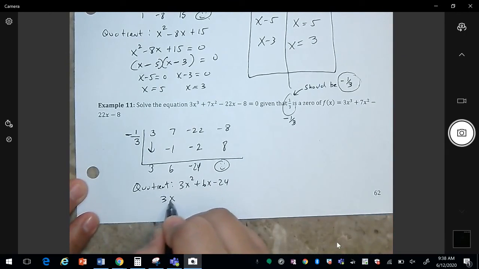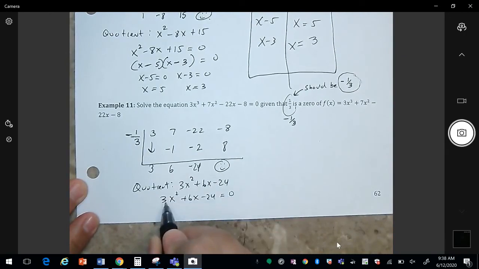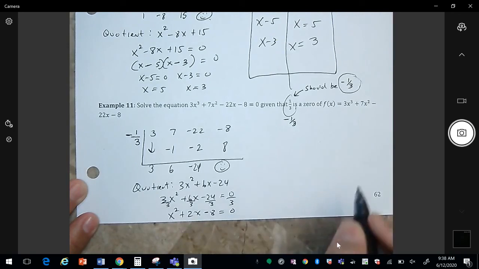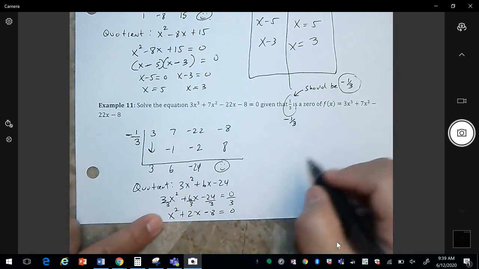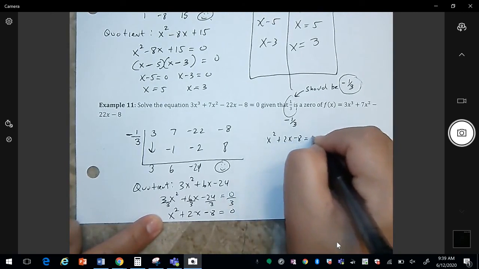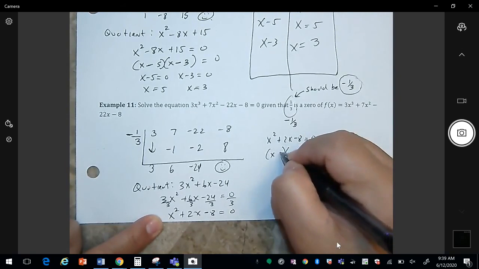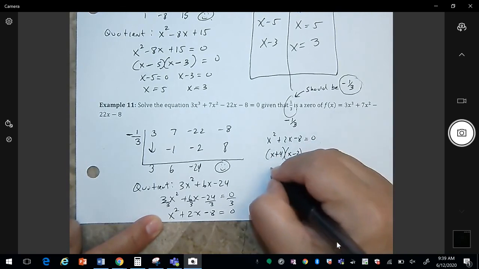And we want to set that equal to 0. I'm going to divide by 3 for each term. So I get x squared plus 2x minus 8 is equal to 0. So let's see if this factors. So I get x times x. 8 is 4 and 2, positive and negative.